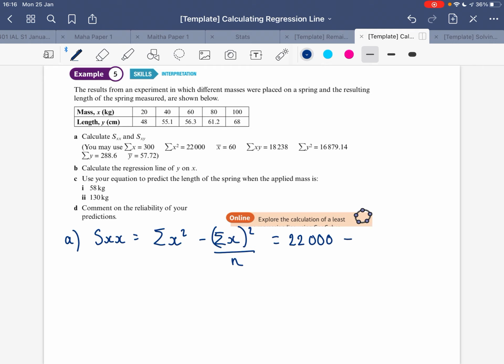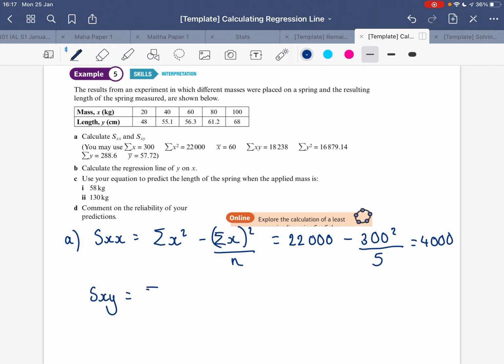The sum of x is 300, and then we're squaring that and dividing it by 5 because we have 5 pieces of data in the table. So we're doing 22,000 minus 300 squared over 5, close my bracket, gives me 4,000. So Sxx is equal to 4,000.